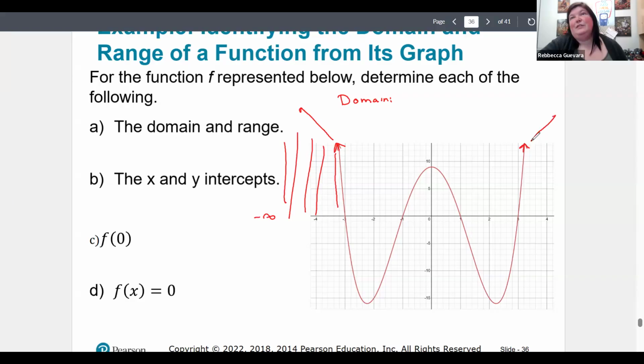And this way, because I keep growing in this direction, I keep getting x values. This is going to positive infinity. So the domain just keeps going in both directions forever. We could say the domain is all real numbers.